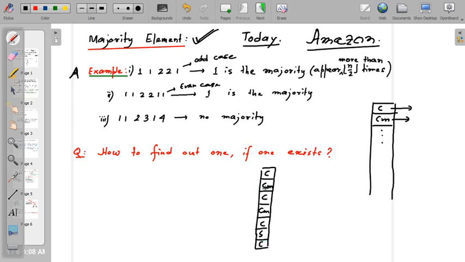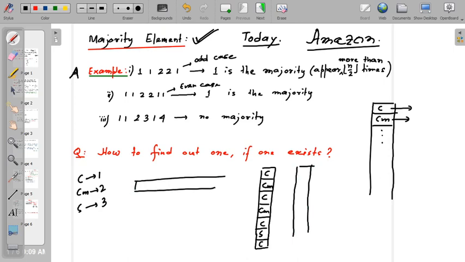And then again a chair is searched. So at the end of the day, if chair I am representing by 1, camera by 2, and shampoo by 3, then this array is becoming this array. Instead of writing it vertically, I can write it horizontally like this.